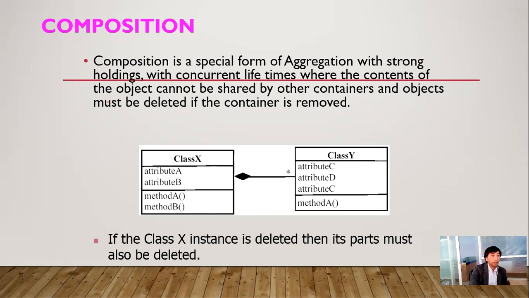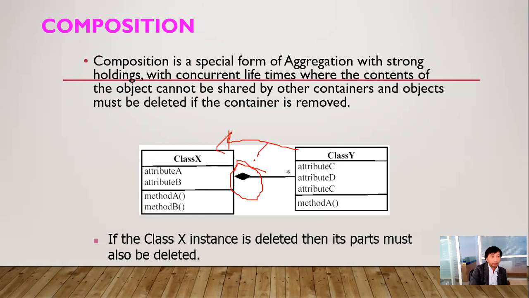It means the relationship is similar to the previous one: the class X will have the class Y inside the object, but it has a strong relationship.